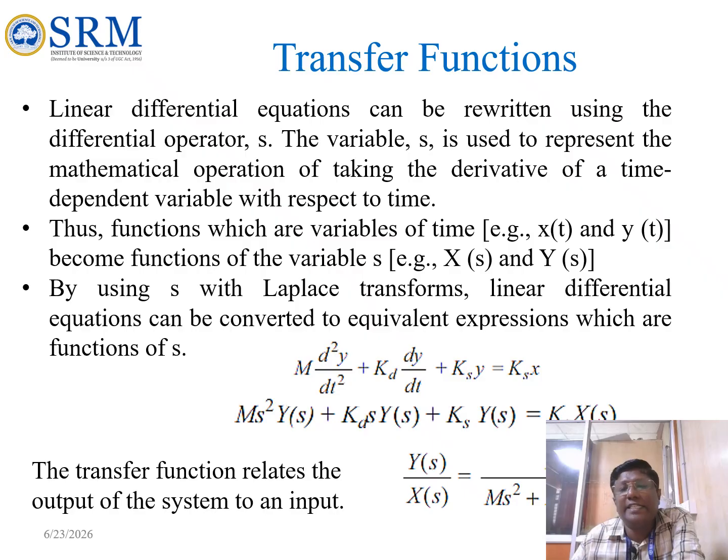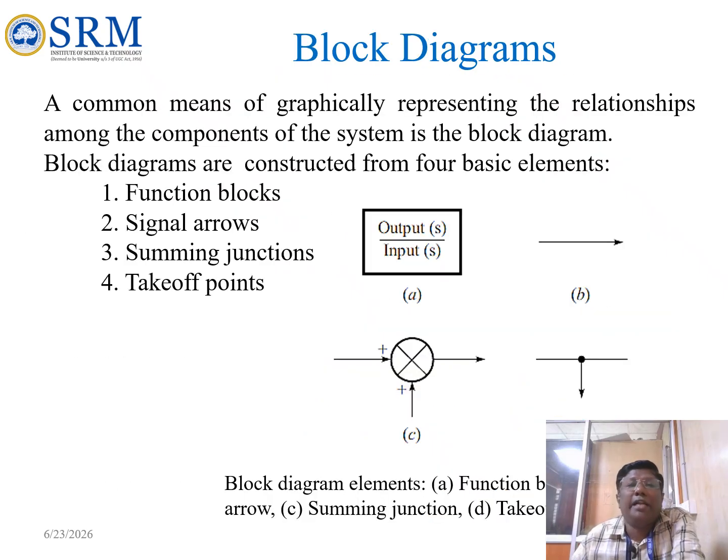The same function is going to be written as s square Y of s for d square y by dt square, s of Y of s for dy by dt, and y equal to Y of s. So dy by dt is replaced by s Y of s. We are writing in the same terms in terms of the Laplace transformation. Now Y of s divided by X of s, if you divide it, this is the term which we get as the final one.